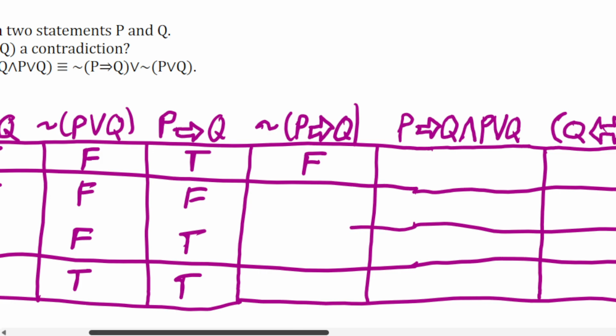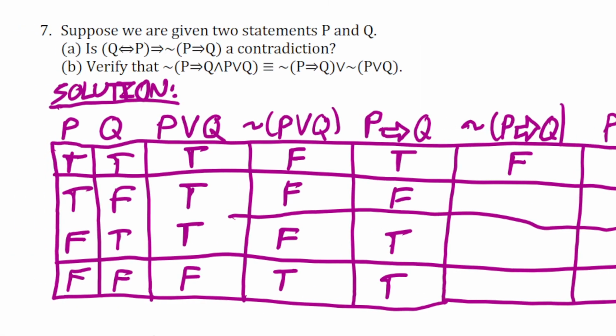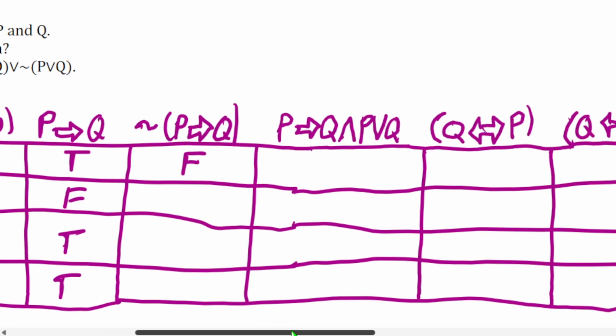Looks like a line has gone missing here. My mistake when drawing this. Alright, not P: true, false, false. And we have true, false, true, false.